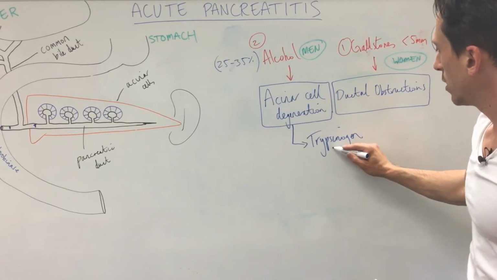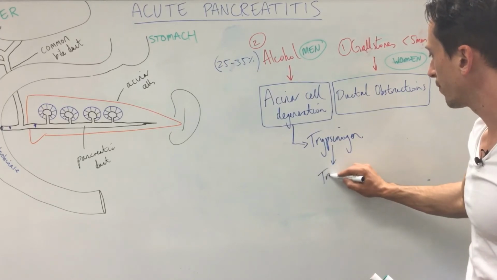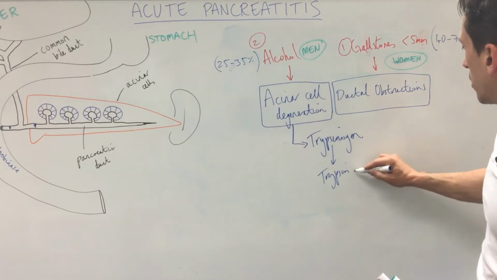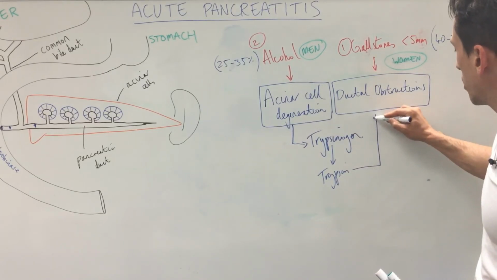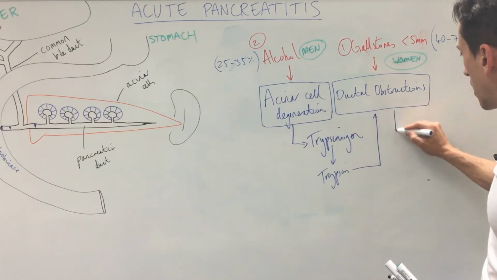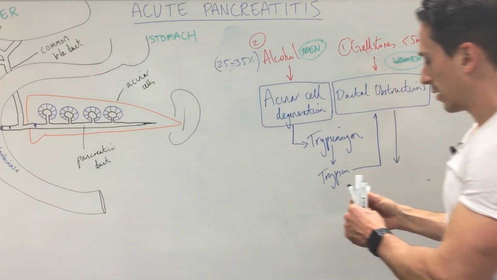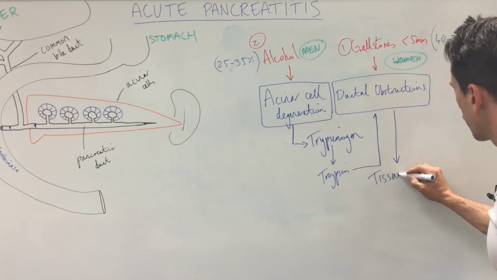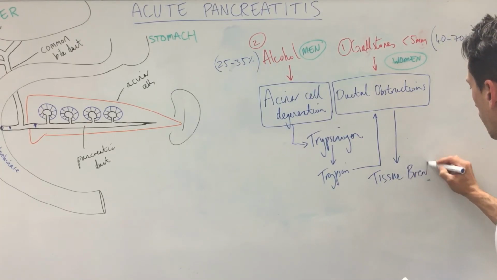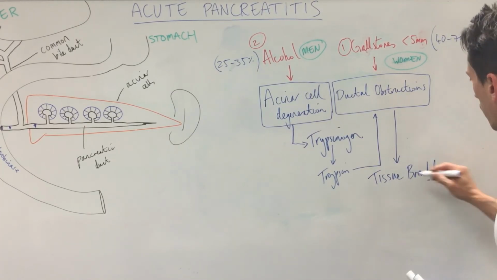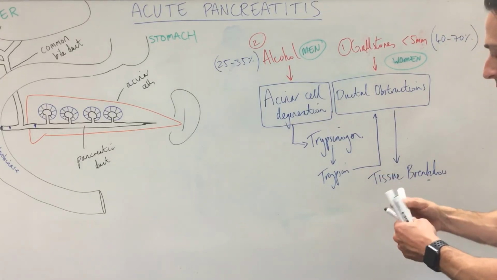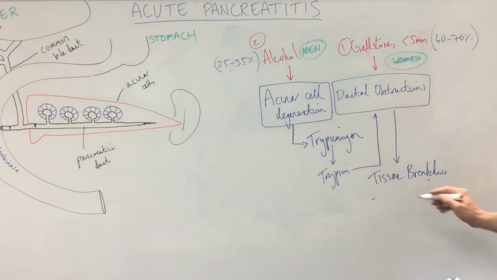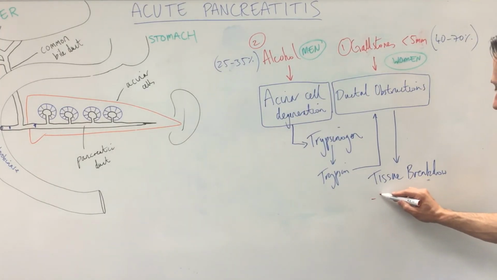And trypsinogen is going to turn into trypsin. Ductal obstruction and trypsin with this ductal obstruction is going to result in tissue breakdown as well. And this tissue breakdown is going to also be associated with these local complications.